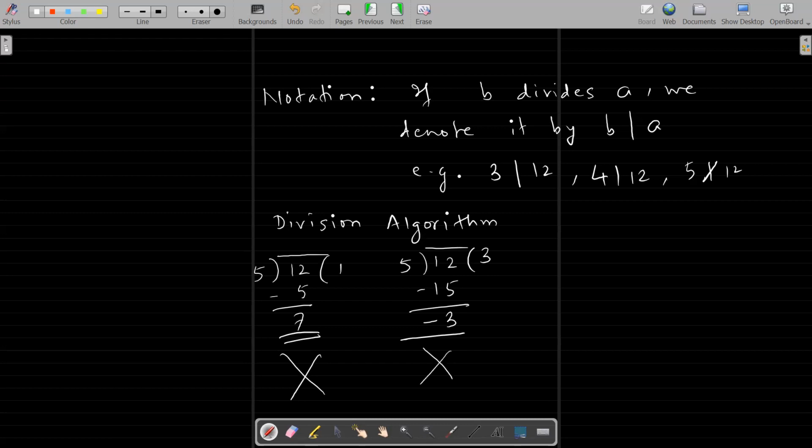So I'm not doing something standard, something usual. Let me try one more time. 12 divided by 5. 5 2s are 10 and 12 minus 10 is 2. Is this the way you do in schools? Yes, sir.